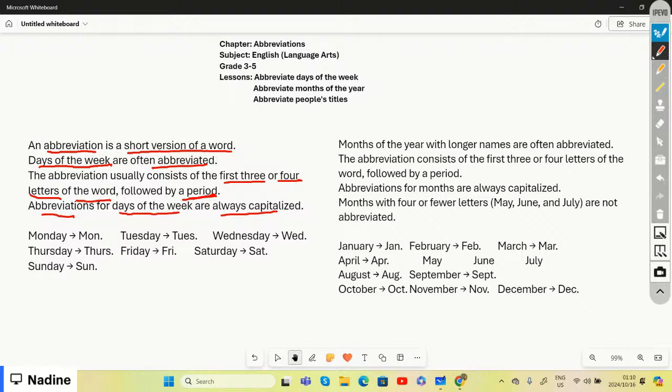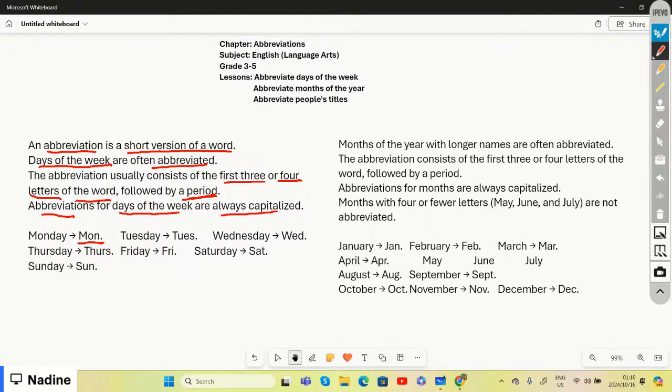And if we look at examples, it says Monday. And if we abbreviate Monday, it is Mon. with a period. You see, Monday is abbreviated to Mon and a period. The period shows that this is abbreviated.